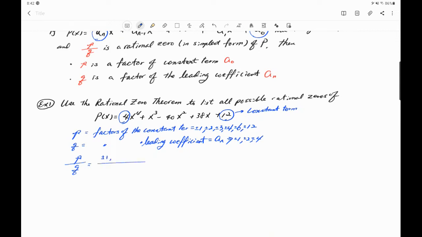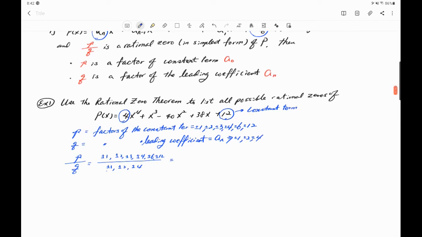Let me just combine everything: plus minus 2, plus minus 3, plus minus 4, 6, 12. Then the denominator is this one. Then we're going to write all possible rational zeros, right? So using 1 and 1, that is 1, plus or minus 1.